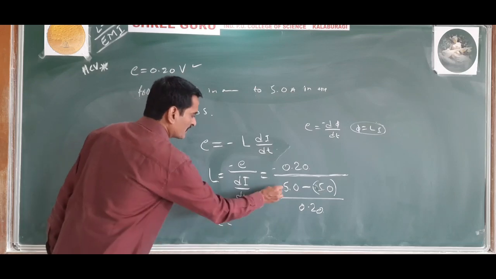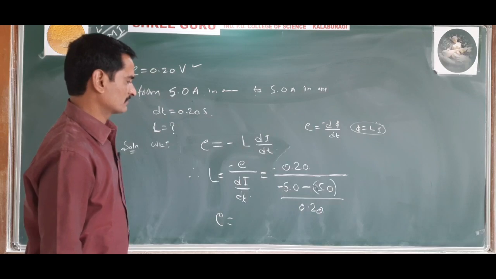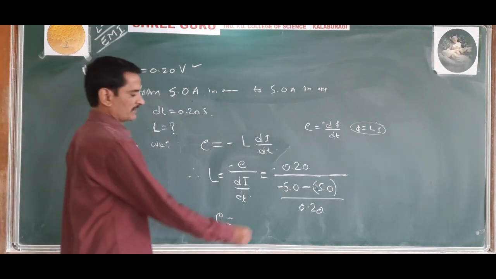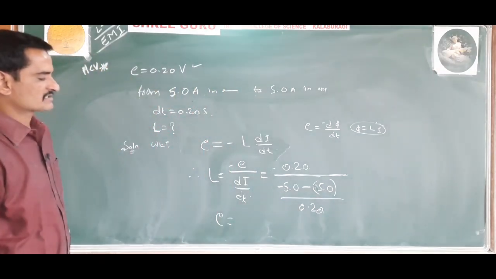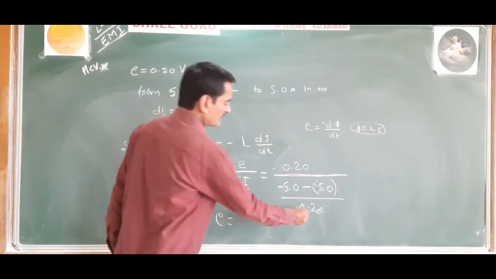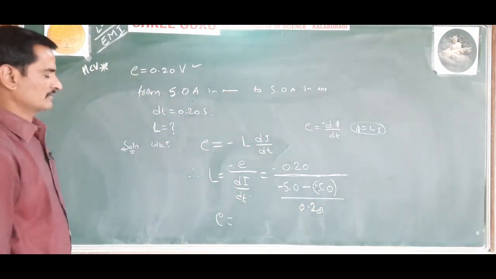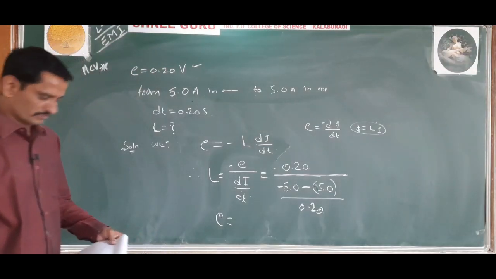E is equal to minus minus, so the minus minus will cancel. So di by dt will be minus 5.0 minus 5.0, so minus 10, divided by 0.2, which is nothing but 1 by 5, so 50.